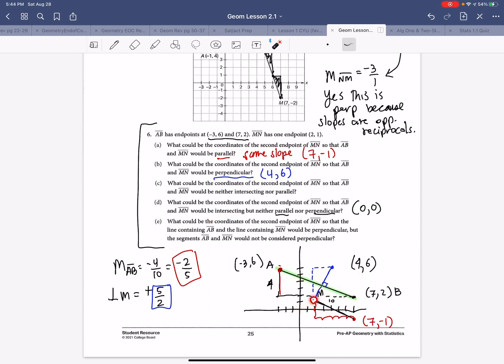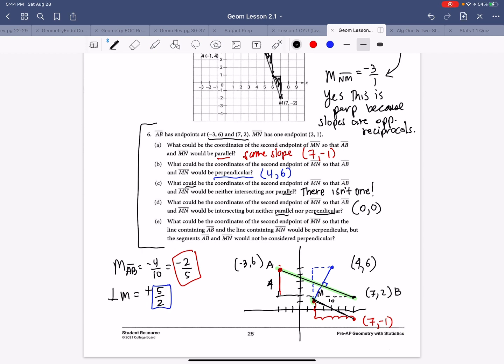So how could I pick a point where I'm not parallel, but I'm not intersecting? And I feel like any point I pick, it doesn't matter where, it's eventually going to intersect. So I'm going to have to say there isn't one. So this goes to what many people said in class.